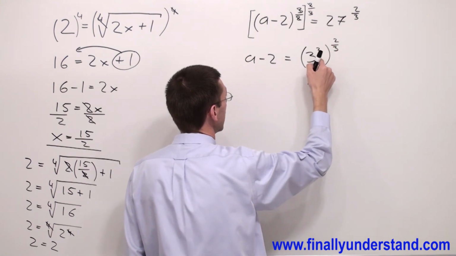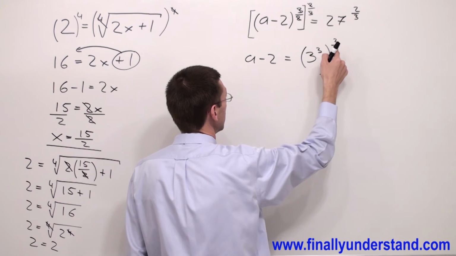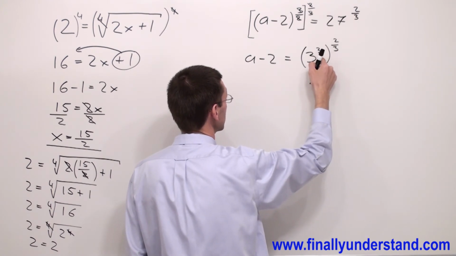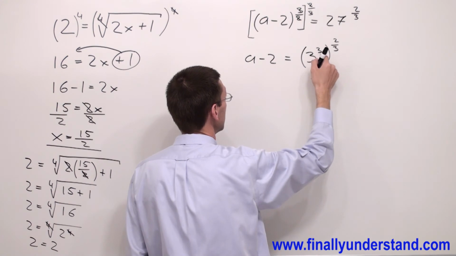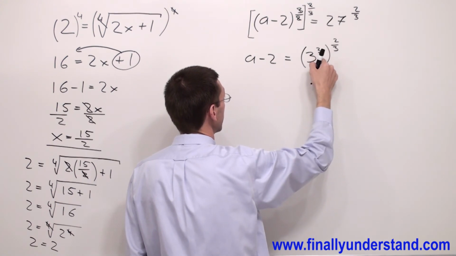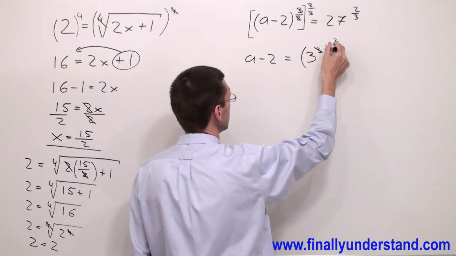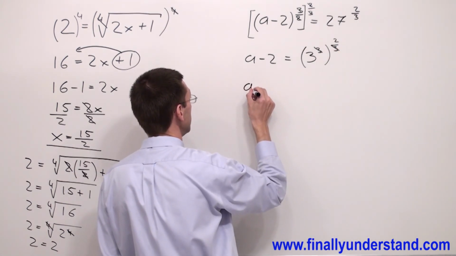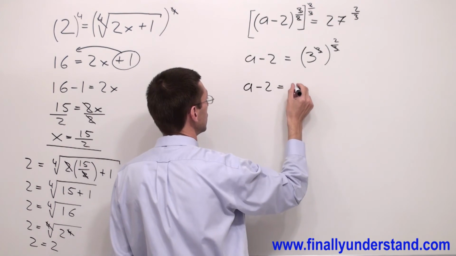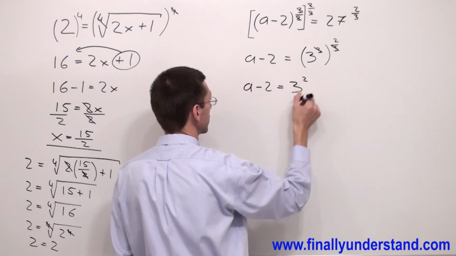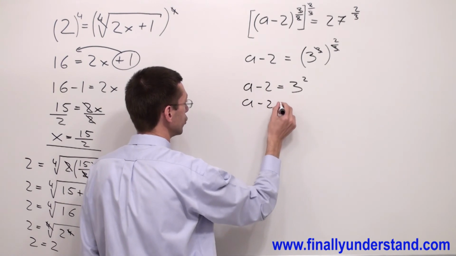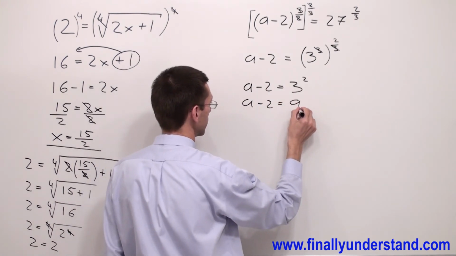Remember, anytime I have a power outside of the parentheses and a power inside of the parentheses, like in this case, I have to multiply these two exponents. So 3 and 3 will cancel out, and I have a minus 2 equals 3 to the 2nd power. A minus 2 is equal to 9.